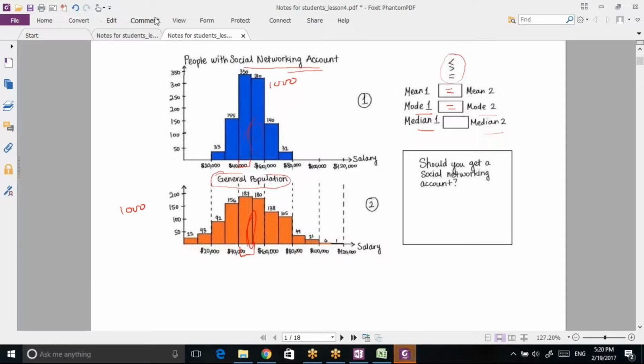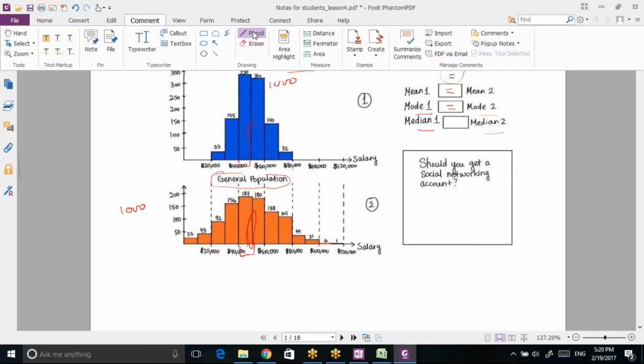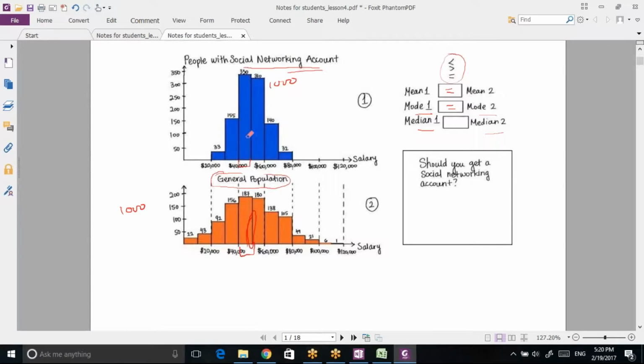Now how about the median? The median will also be the same. Right. So what is the median? The median is the middle value. If I have 1000 data points, the middle value will be somewhere close to the 500th point. So let's see how to find the median in this case. If I have to find the 500th point: 33 points are in this bar, 155 points are in this bar, 330 points are in this bar.